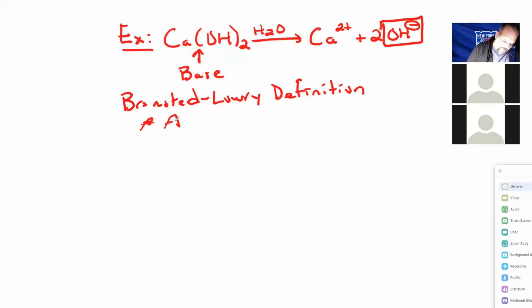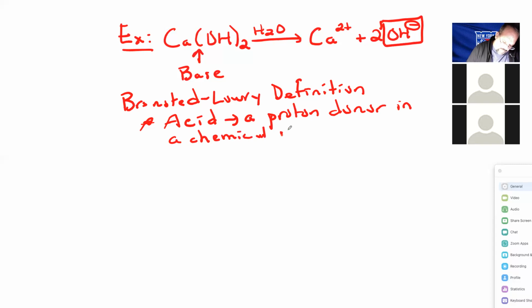Now, according to the Bronsted-Lowry definition, what defines an acid? An acid is a proton donor in a chemical reaction. Okay.